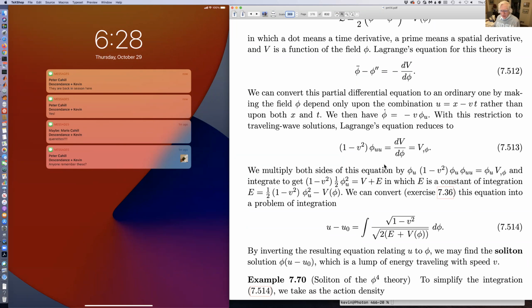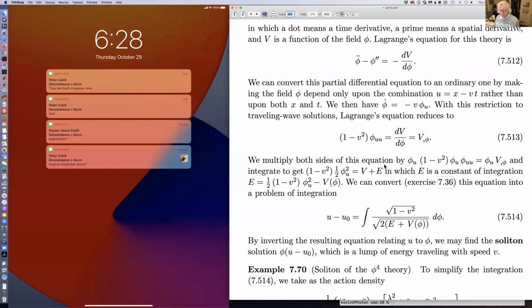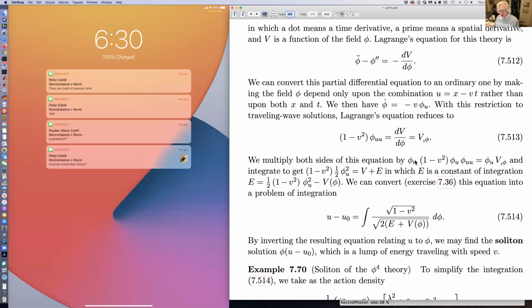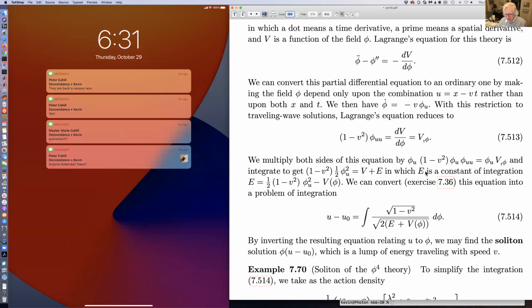You can then integrate this. What you do is you multiply both sides of this equation by phi u, and when you do that, you get this expression, which you can integrate. And E, the energy, is then a constant of integration. And once you've got this, then you have a nonlinear but first order differential equation. And that you can normally integrate.